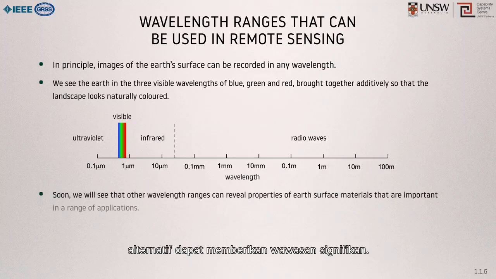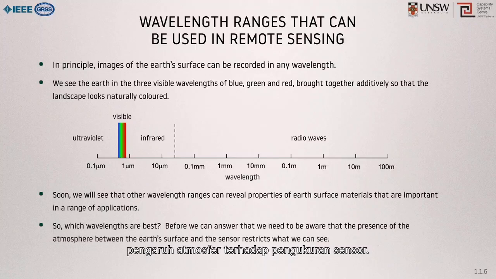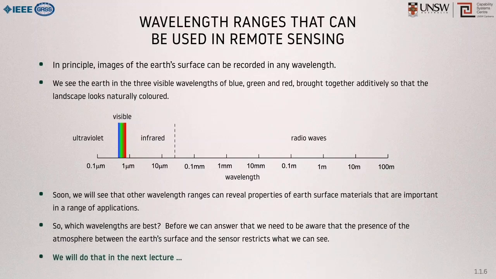We will see shortly that significant amounts of information about the landscape can be gained if we form images in those other wavelength ranges. Which are the best wavelengths to use? Before we can answer that, we need to understand a little about the atmosphere and how it affects what a sensor can measure. That is the topic of the next lecture.